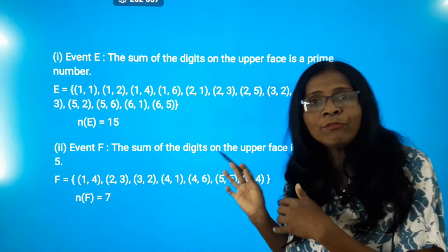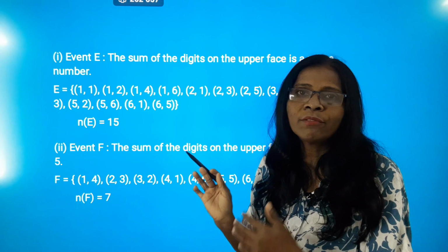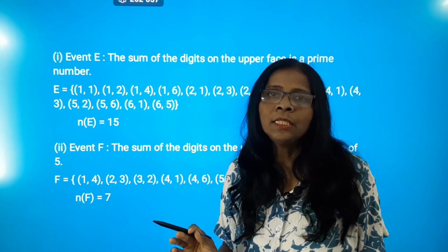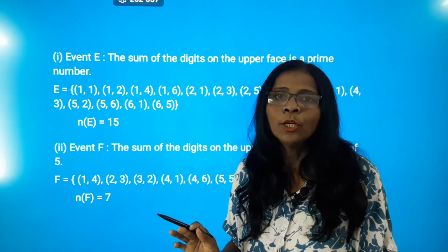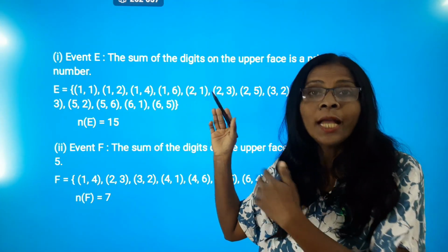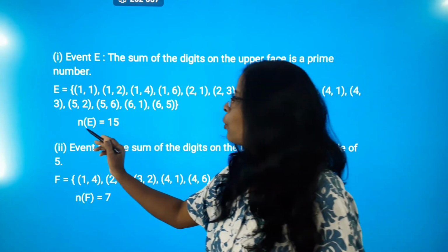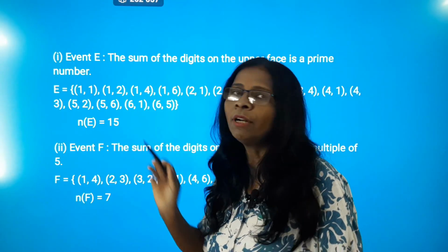So in this way we have the prime numbers: the sum of the digits on the faces of the two dice is equal to a prime number. So these are the elements in this event. So the number of sample points n of E is equal to 15.